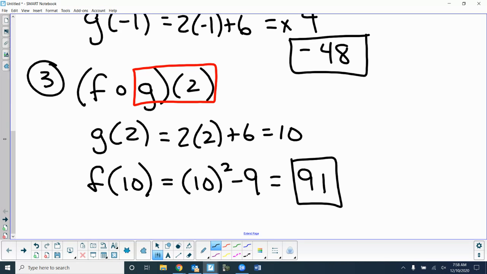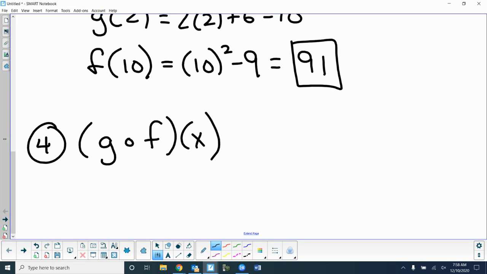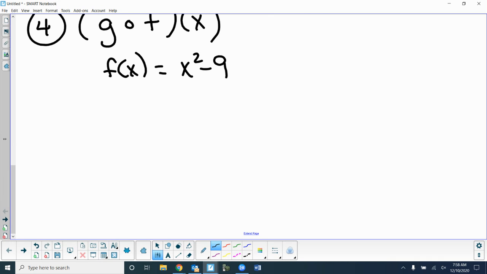Okay. Now number 4 is a composition, but there's no number. We circle F of X. Okay. So again, you do the F of X first, which was x squared minus 9. And you plug that whole thing in the G function. So you're doing G of x squared minus 9.